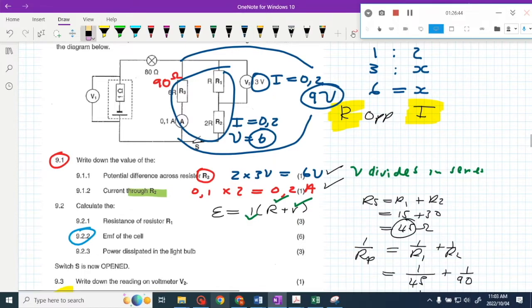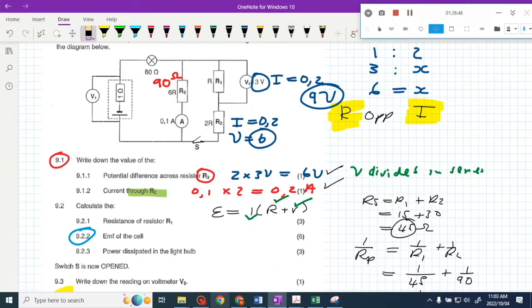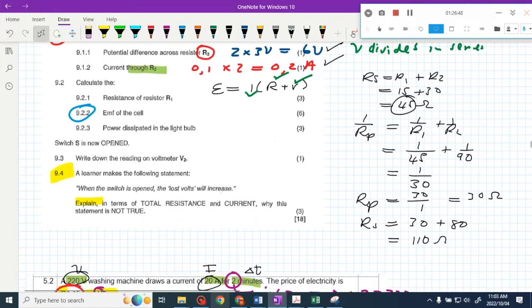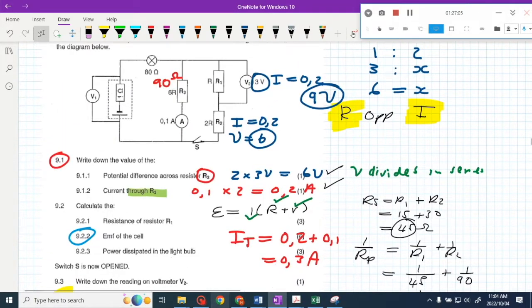But I think that's a bit unnecessary. So to calculate the current, we're going to say I total is equal to 0,2 plus 0,1, giving us 0,3 amperes. We have the total current, total resistance, or rather the external resistance, and we know the internal resistance.